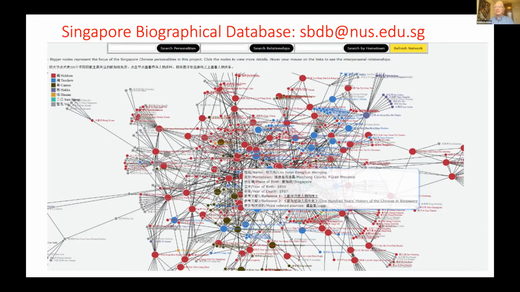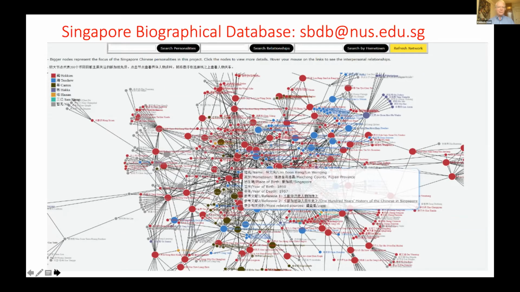So it's quite a beautiful website that way. In it is a lot of information on Singaporeans over about 8 generations. And we can break it down by generation. There's a number of things that we are hoping to do to expand it. You can figure it out. As you can see, this is divided by dialect group to a large degree as well.